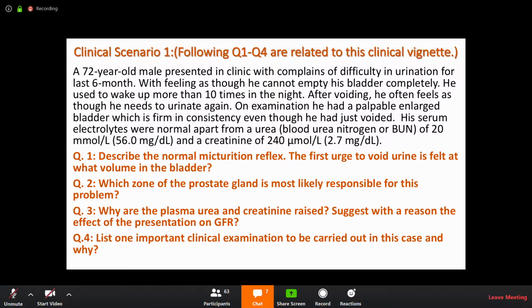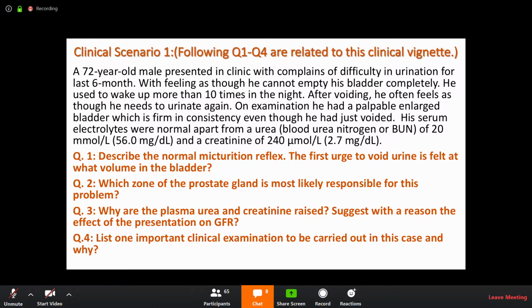If there is enlargement in this zone, it will be responsible for the signs and symptoms of enlarged prostate, as mentioned in the above vignette. Is this question clear?